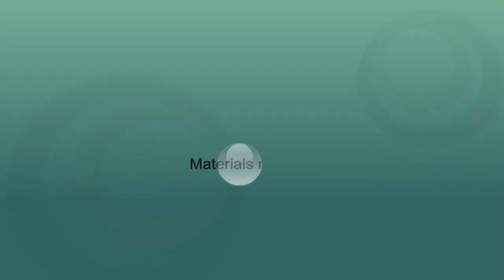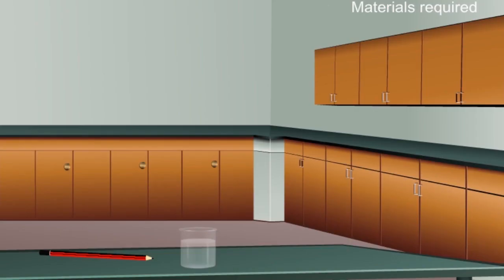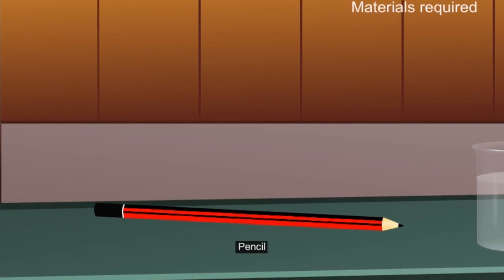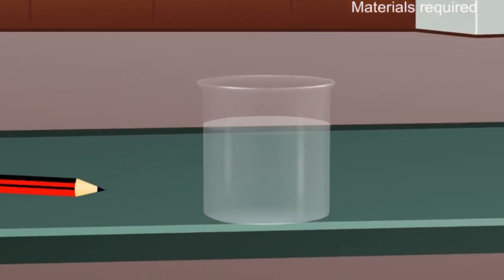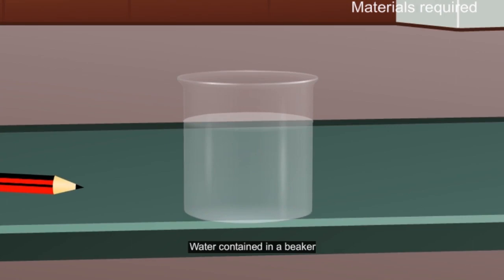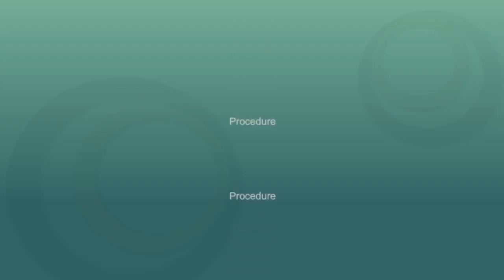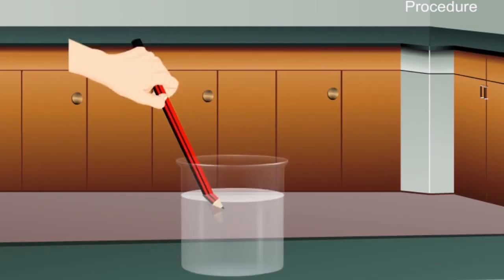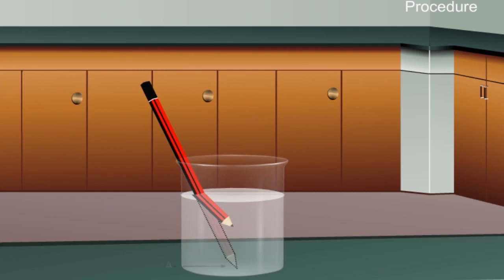The materials that you will require for this are a pencil and water contained in a beaker. Now let us see how we are going to proceed. We will take a pencil and immerse it partially in water contained in a beaker such that the pencil is held obliquely.